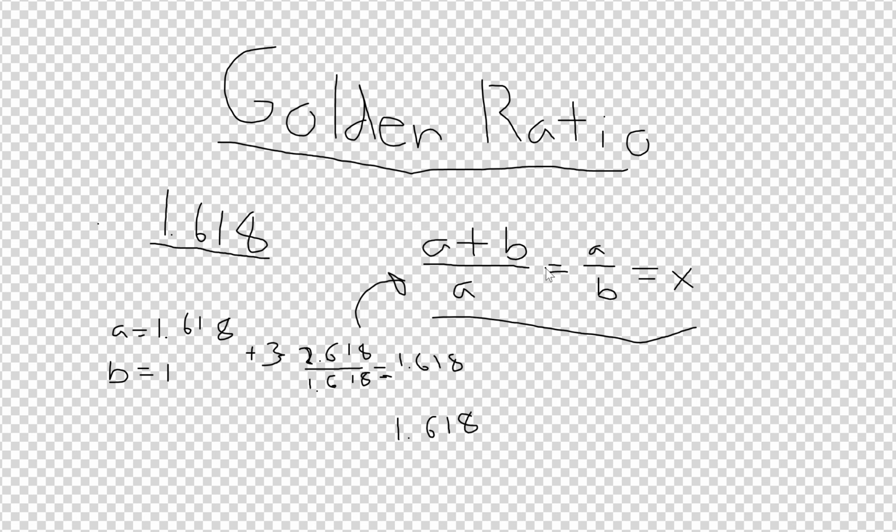And once we divided that by A right here, which is 1.618, we got 1.618. Now, we stated that from the golden ratio, A divided by B should be equivalent to the ratio of A plus B divided by A. So, we took 1.618 and we divided that by B, which is 1, and we received 1.618. So this was a concrete example on how the golden ratio can be used and applied to certain numbers.